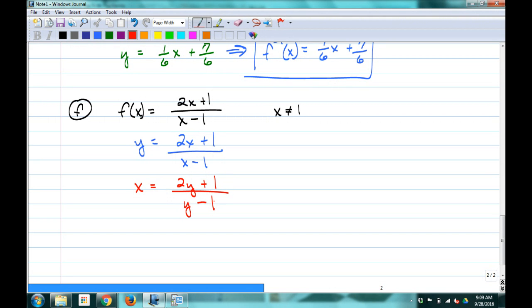We got to get y by itself, but it's in two places. So what do I need to do? They're already combined by division, so I kind of want to undo that. So how would I move this? Yeah, if I multiply both sides by y minus 1, that'll get that out of the denominator.